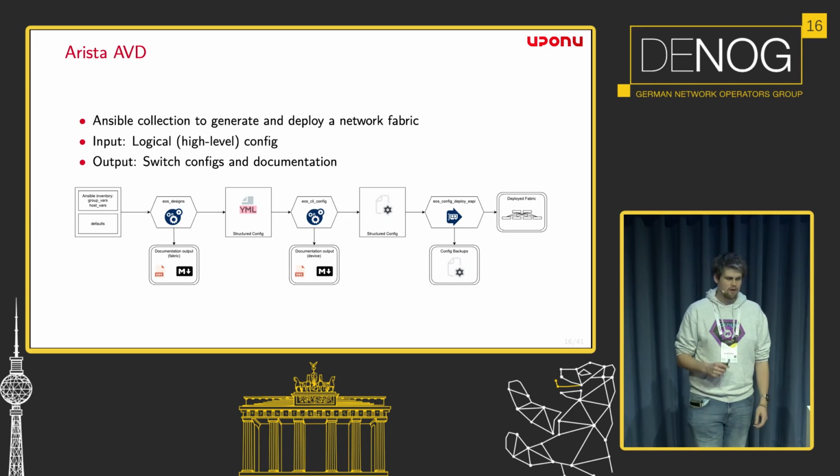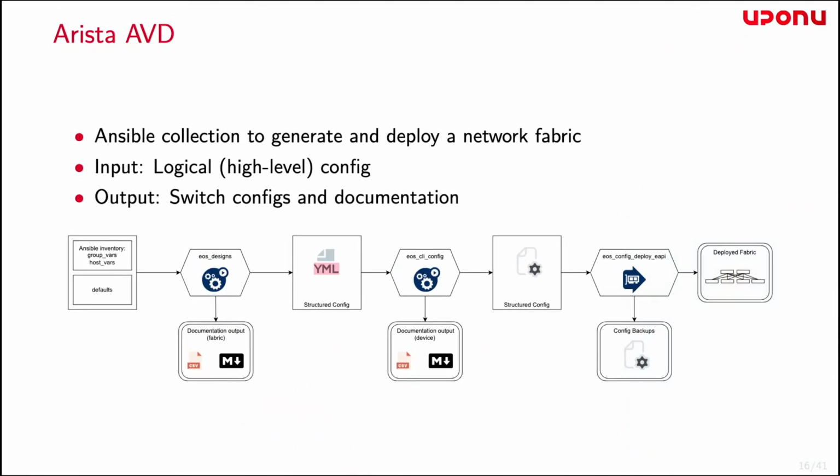One tool we found then, which fits our proposed process very well, is from Arista, the Arista Validated Design Ansible collection, which is able to generate a complete network fabric based on a logical configuration. You don't have to put in each interface configuration. You have a very high-level config. I will show it right now, and it outputs a complete switch config.